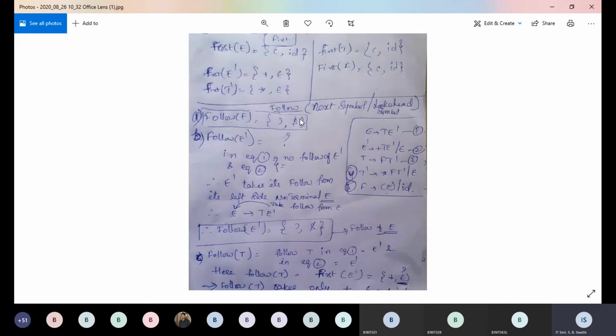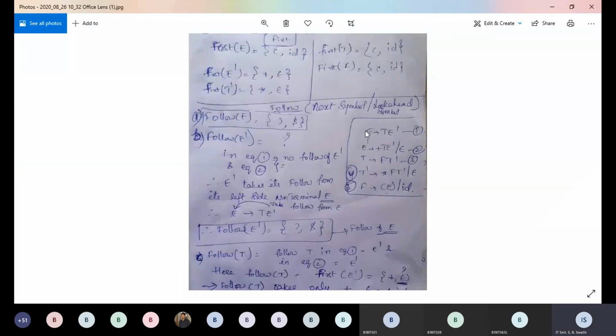One rule here is that we use the dollar symbol only in follow. We should never use the dollar symbol in first, even though we are computing first for the start symbol. E is the start symbol here, but even though we are computing the first function for it, don't use the dollar symbol. A dollar should be used only with the follow.